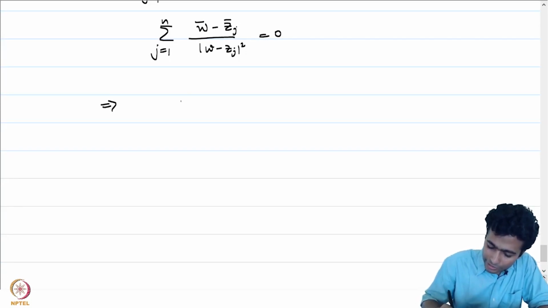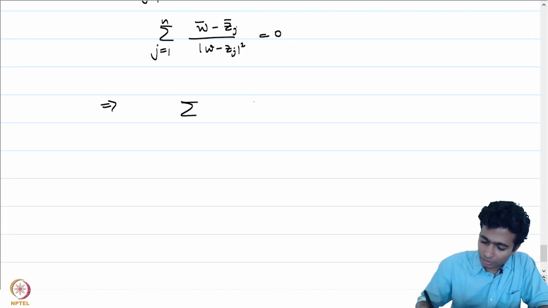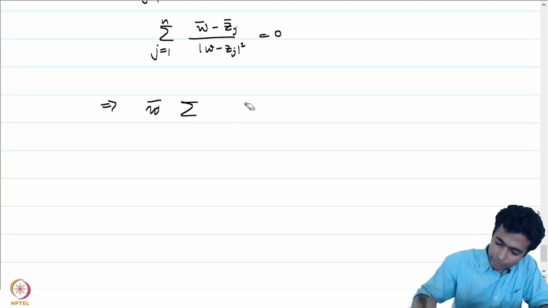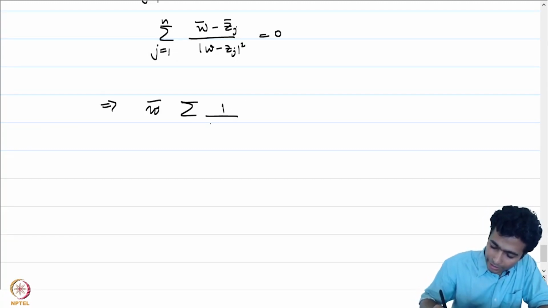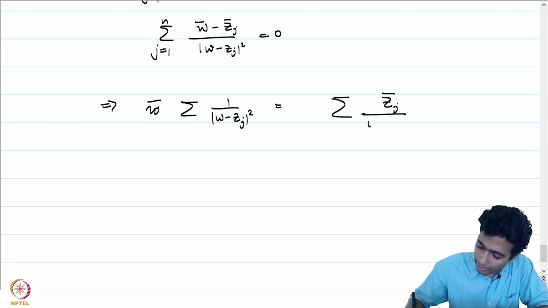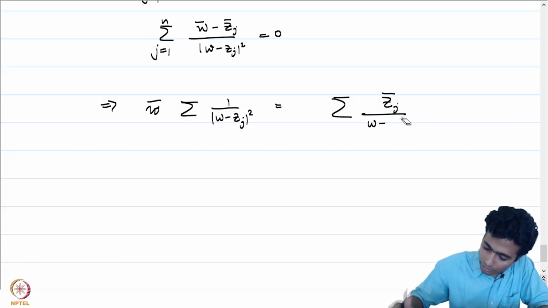This tells us that w bar times the summation of 1 by mod of (w minus Zj) squared is equal to the summation of Zj bar by the absolute value of (w minus Zj) squared.